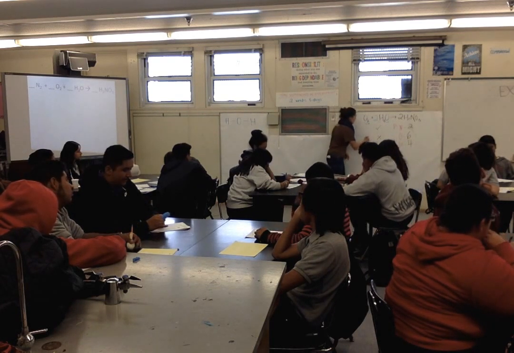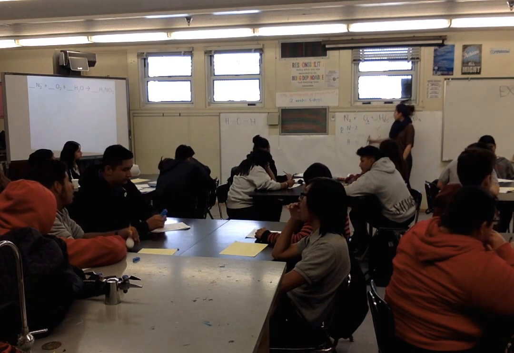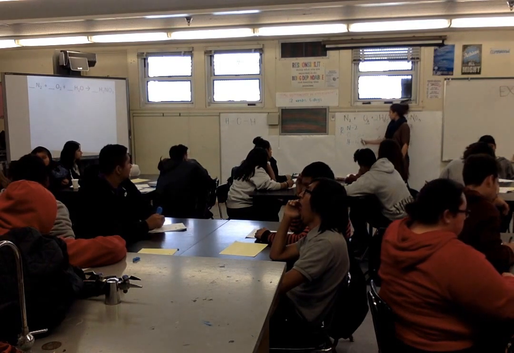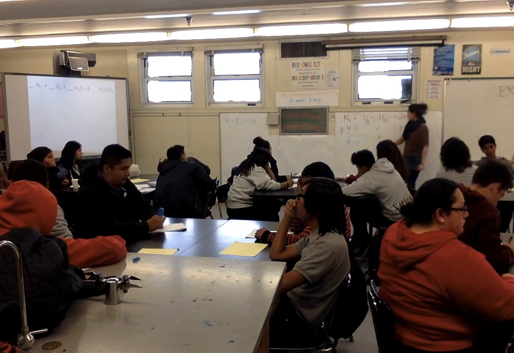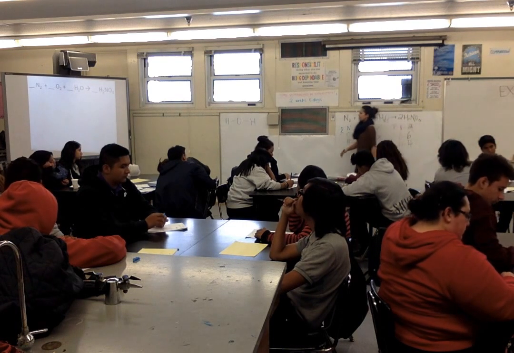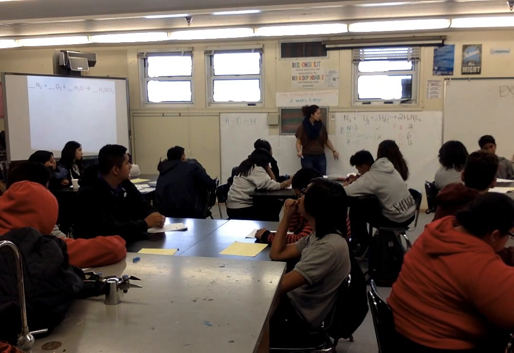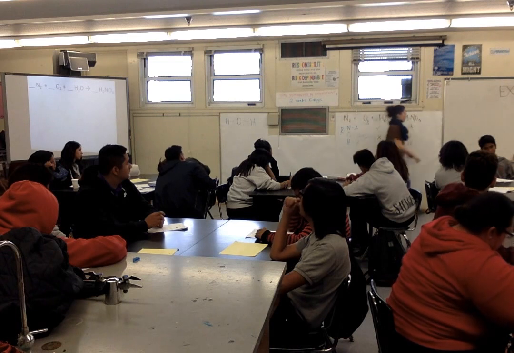So Victor, how many total oxygen atoms do we have? 4. Okay, so now the hydrogens are okay. We just need to fix the oxygen. What can we do to fix the oxygen?